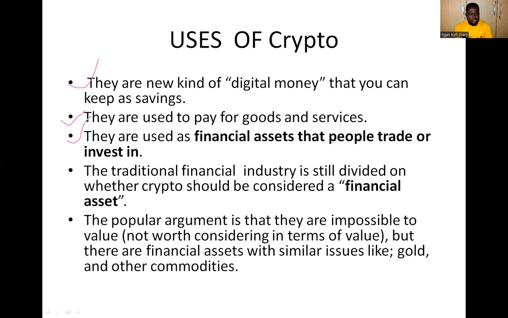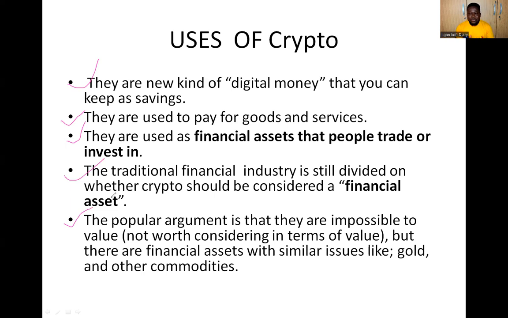Now, the traditional financial industry is still divided on whether crypto should be considered a financial asset. That is a debate that is still ongoing. Why are these debates coming up? The popular argument is that they are impossible to value. Whether you like it or not, their value is always where it is.